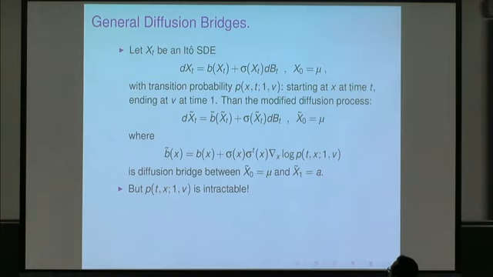Yes, the drift will depend on t, and this is the transition probability of going from time point t, where you're at x, to hitting v at time point 1.